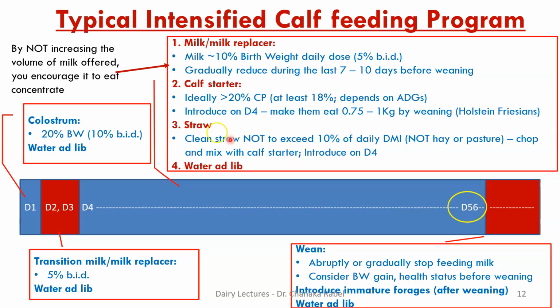Okay, so those are the reasons why we recommend to give straw instead of pasture. So that needs to be understood. I ask this almost every year from undergraduate and postgraduate exams.